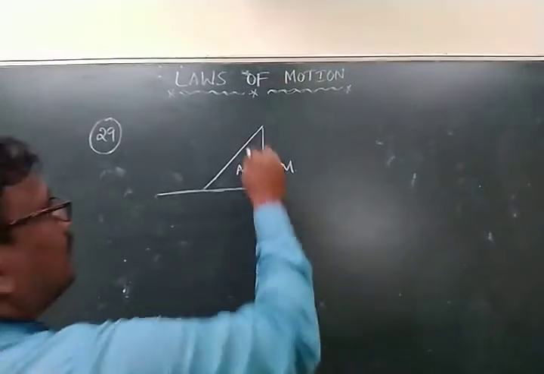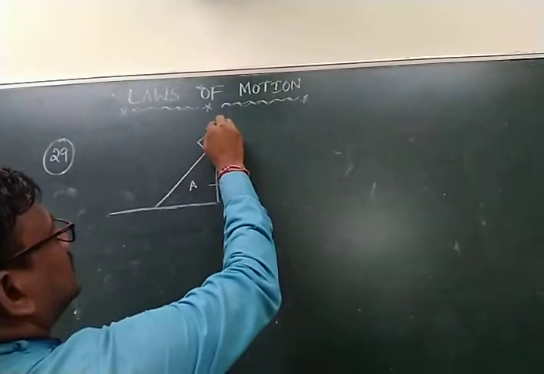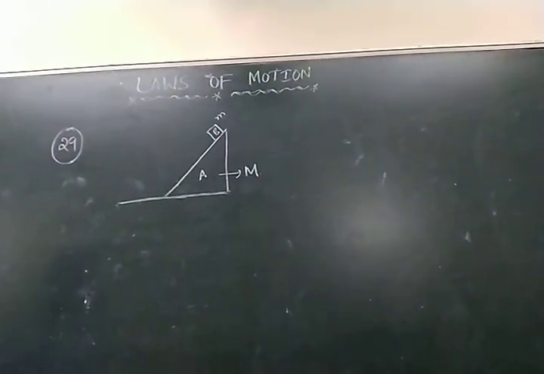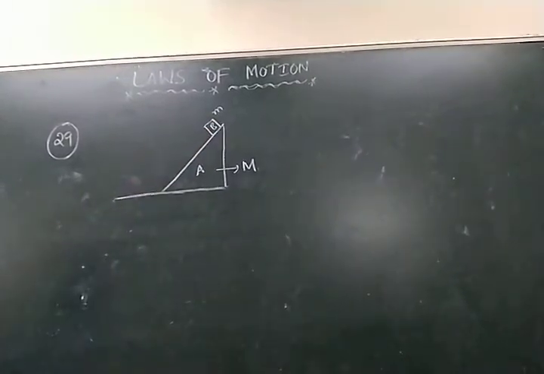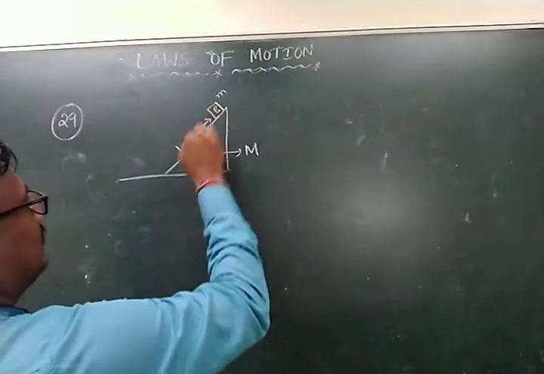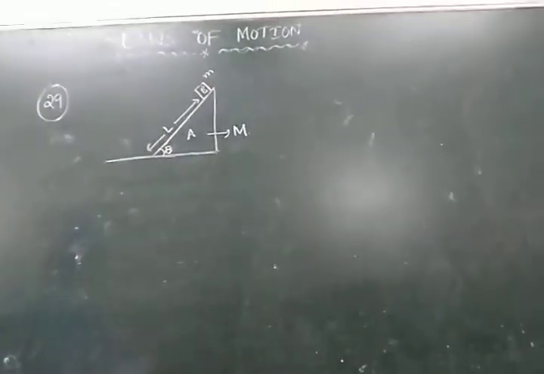A block B of mass small m is placed on top of the wedge, on the inclined plane. The length of the inclined plane is L, making an angle theta, as shown in the figure.